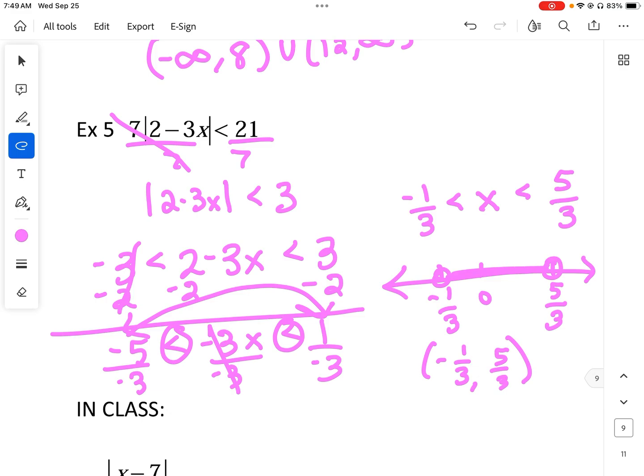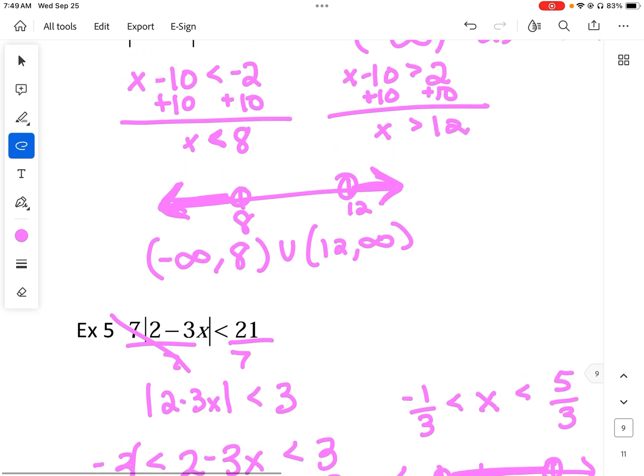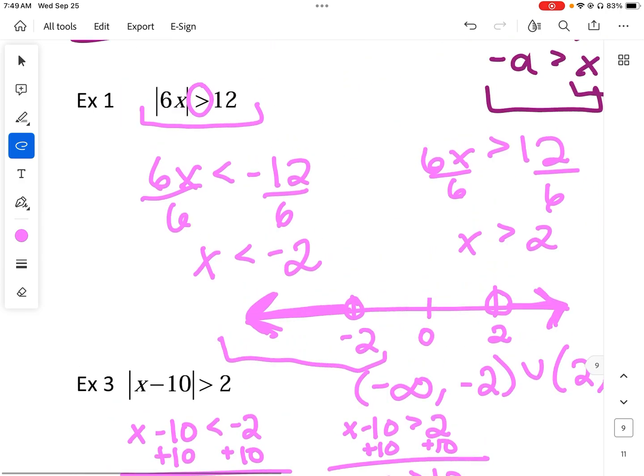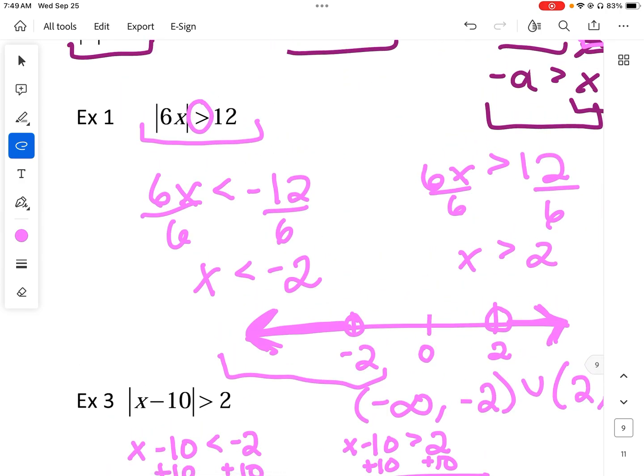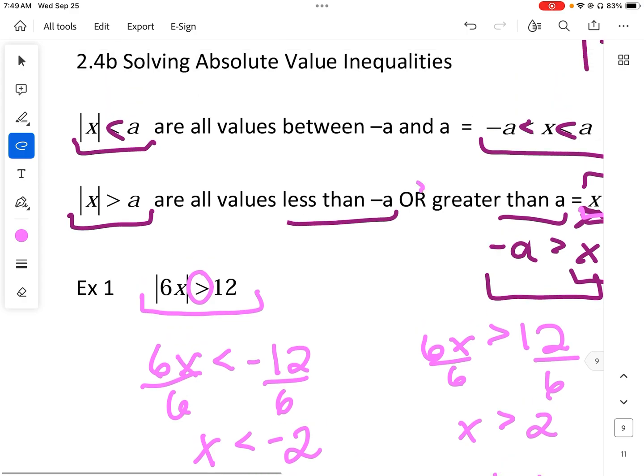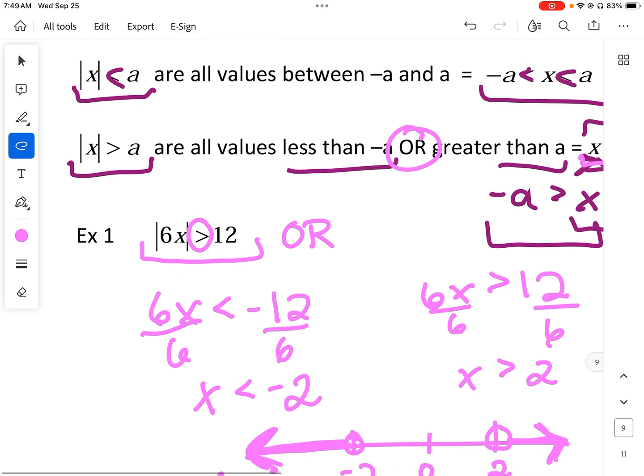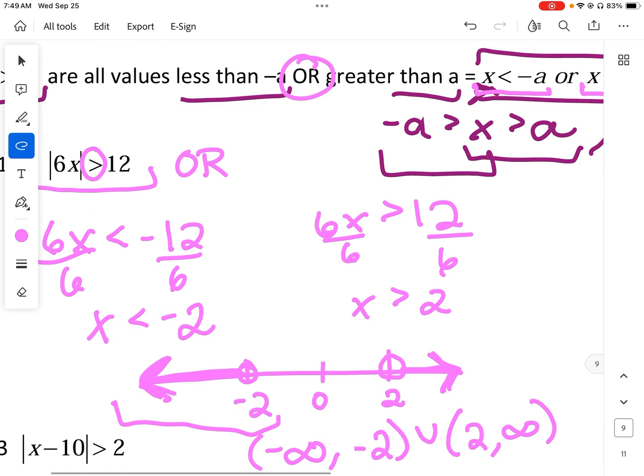Okay, one other thing is the and and the or. Because this is greater than, this is an or. Okay, so see how it says or? So x can't be both. x can't be less than -2 and greater than 2.